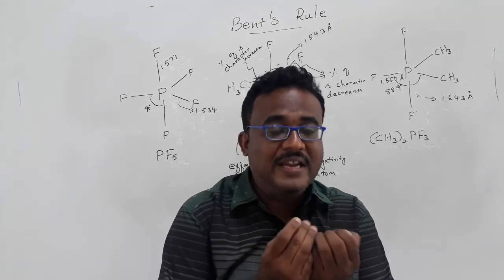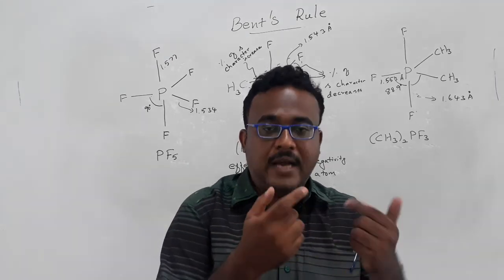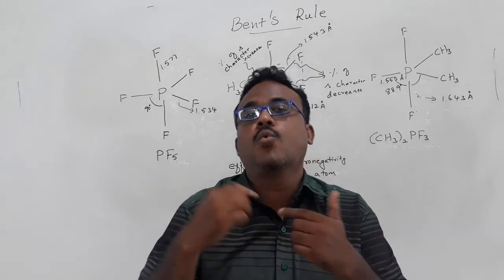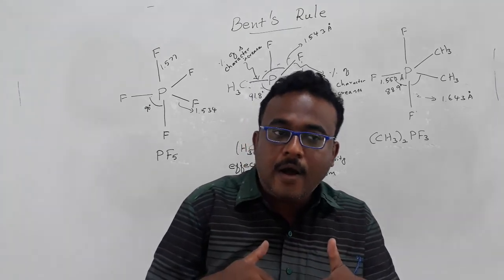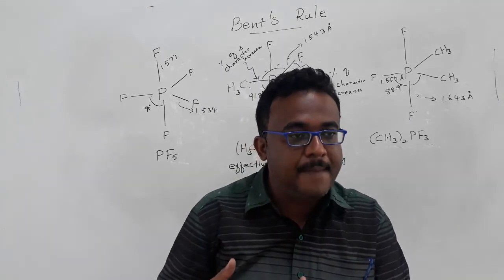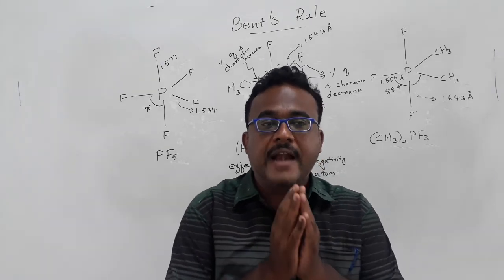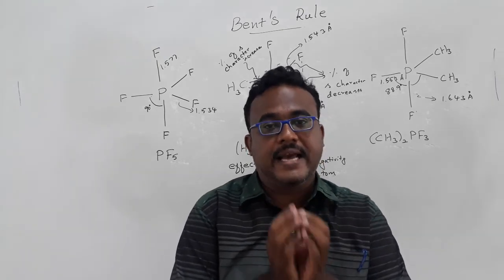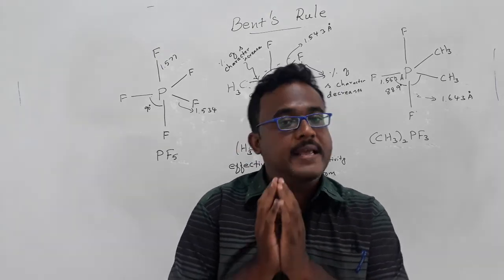So if the electronegativity increases, that will prefer electropositive substituents. Electronegative substituents will be happy to overlap with the low electronegative hybrid orbitals, for example the trigonal bipyramidal geometry having pd hybrid orbitals. That's why the fluorine atom prefers to bond with the hybrid orbitals having less s character, and electropositive substituents prefer hybrid orbitals having more s character.